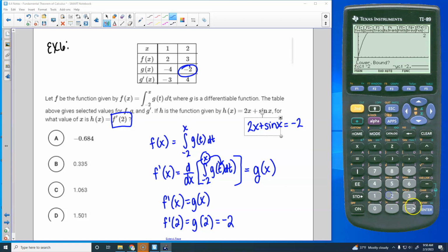I'm going to put like -2. Oh, it's outside the window, sorry. Let me try that again. I'm going to type in -1. And I know 0 would be above it. And that's going to give me this point right here, which is -0.684, which is A.